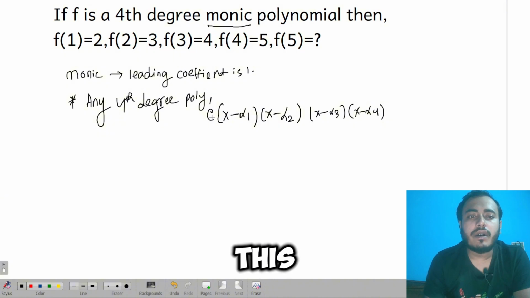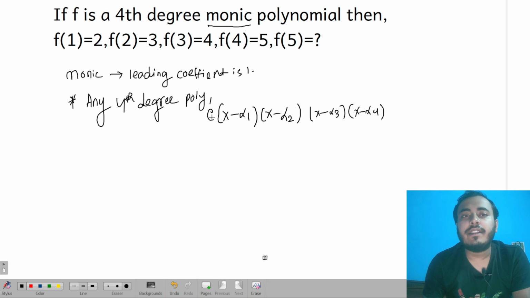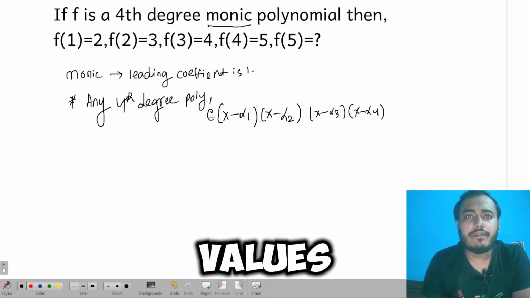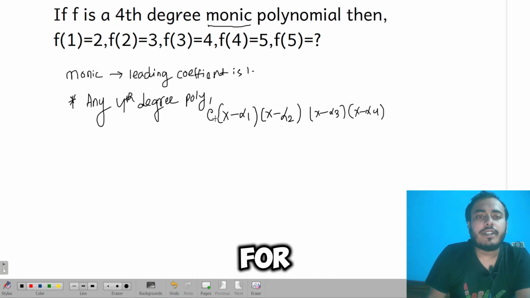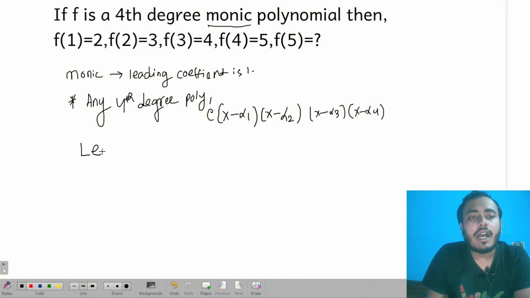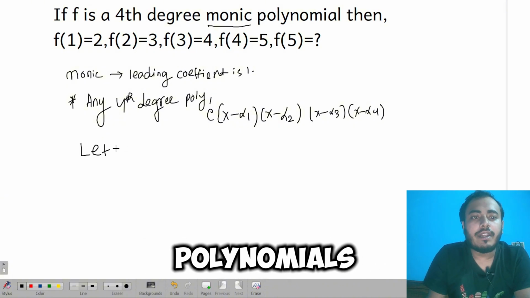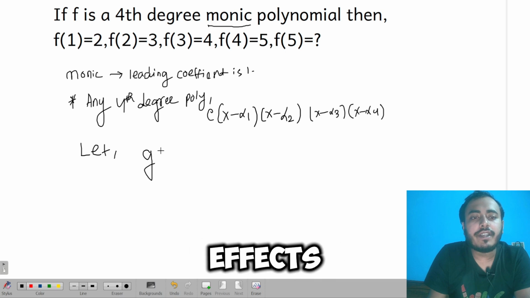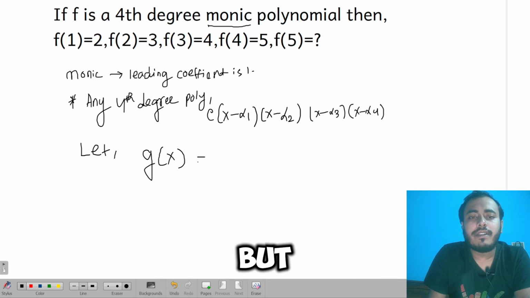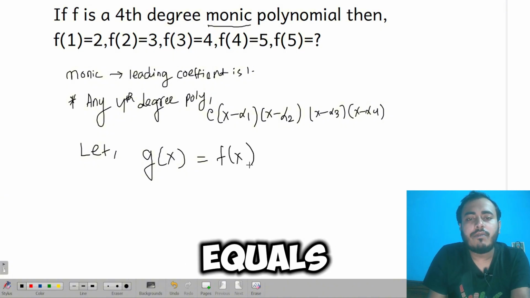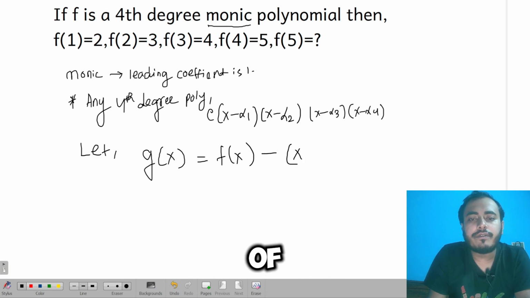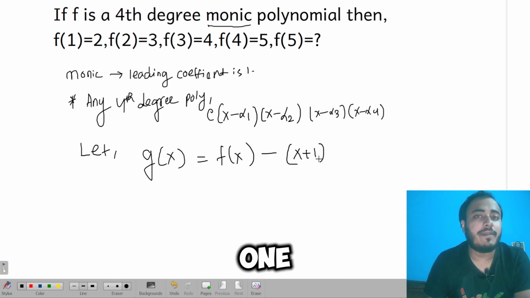Now, this entire polynomial, which is of fourth degree, is what we are given in this question, and we are given four such values. To make things easier for us, we will first assume an auxiliary polynomial. Let us say g of x is another polynomial, but different from f of x in a certain way. We define g of x equals f of x minus (x plus 1).